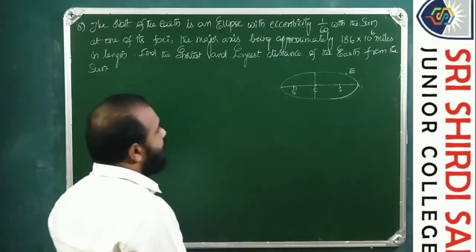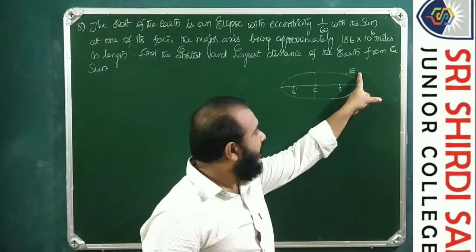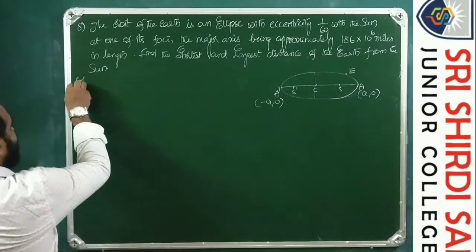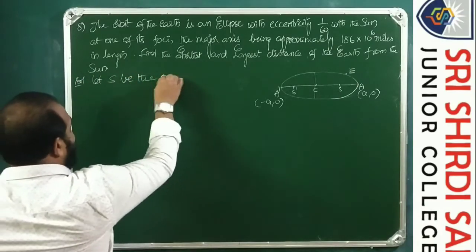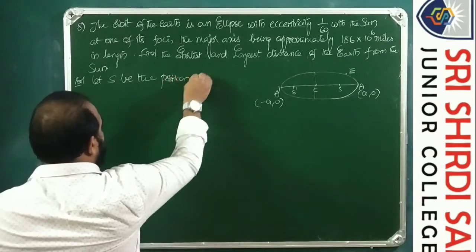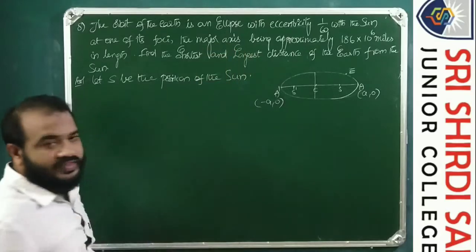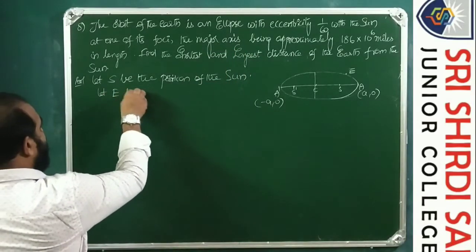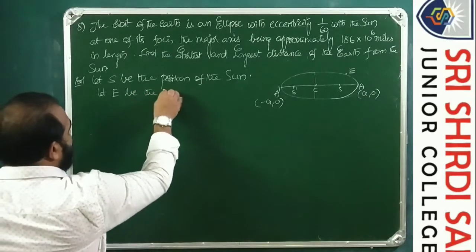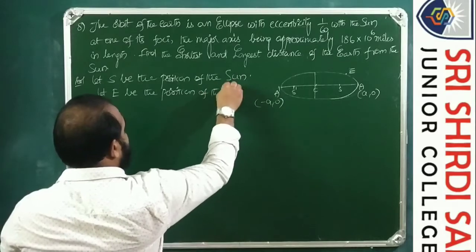So the position of the earth is here. Let S be the position of the sun. Let E be the position of the earth.